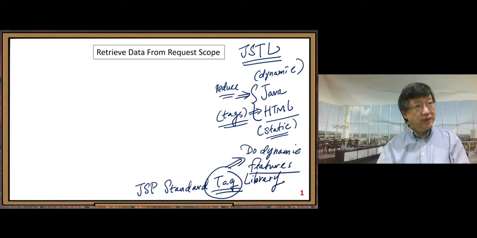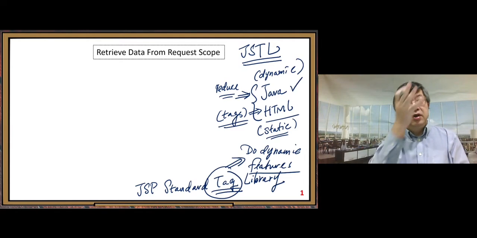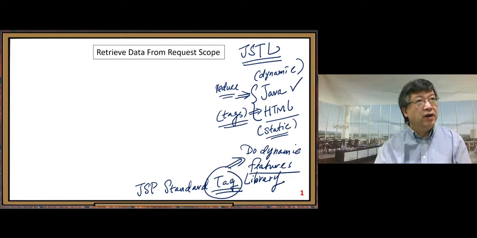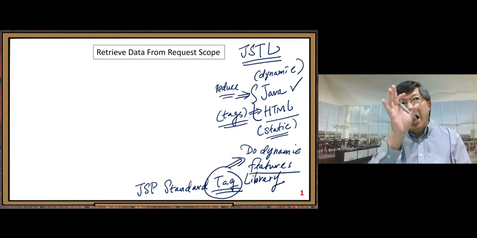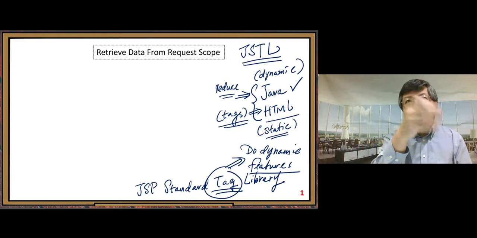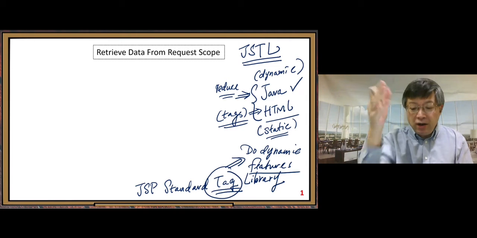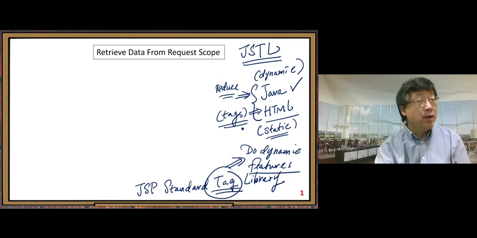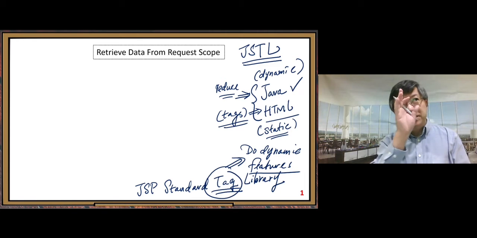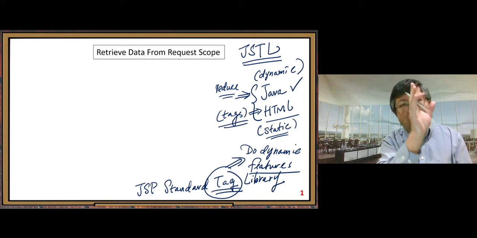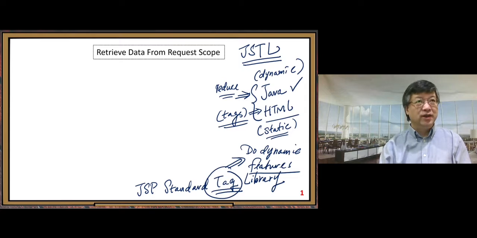The older way needed the regular Java way to do the dynamic features, because now they want to switch to an environment similar to HTML tags. HTML is a tag environment. So they created a Java tag environment.